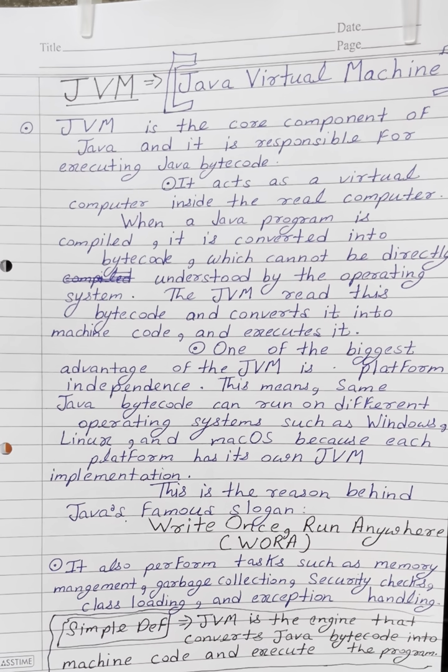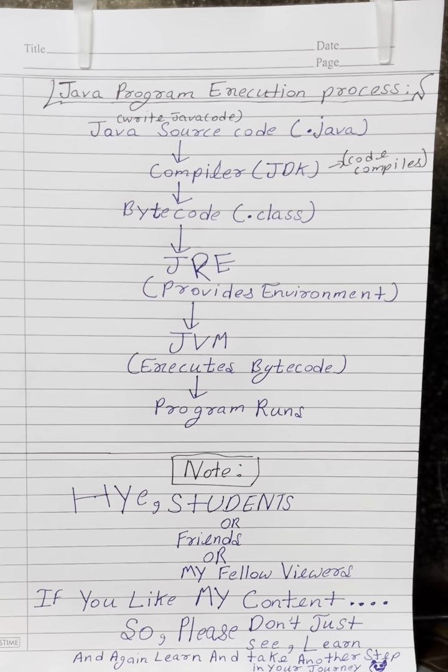Now here you can see the Java program execution process. We can understand it with a step-by-step process. First, the programmer writes the code in a .java file.